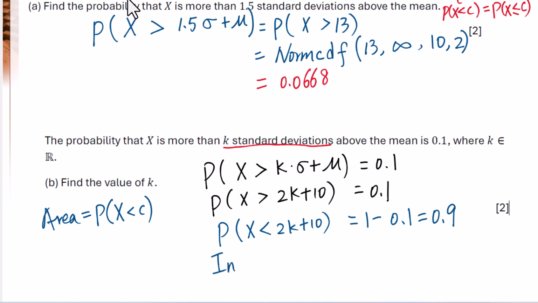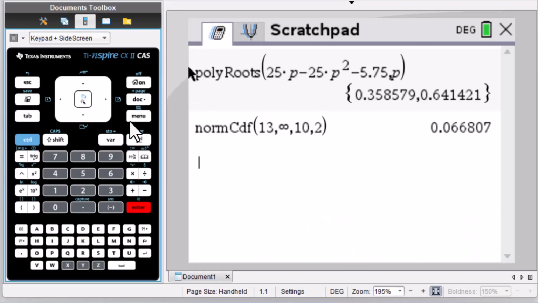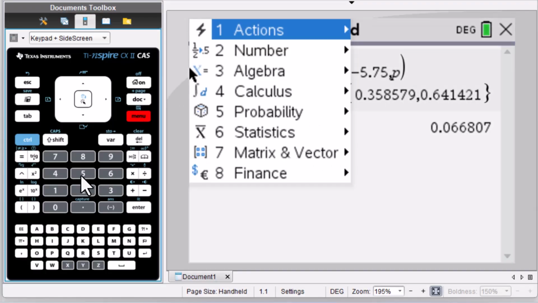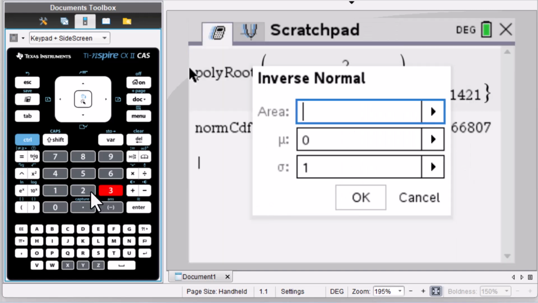Then we go to inverse norm: 0.9, 10, 2. So 2k plus 10 equals inverse norm of 0.9, 10, 2. Go to Menu 5, 5, 3, 0.9.